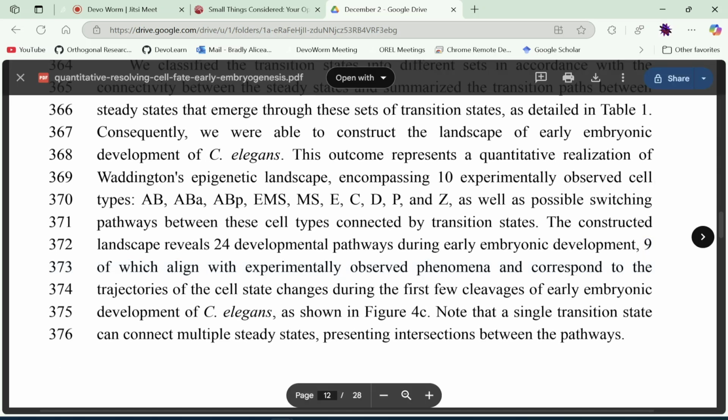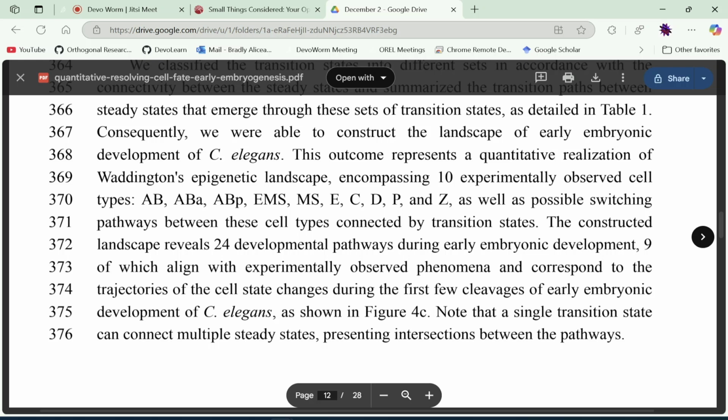So it's the 8 founder cells and then 2 additional cells, A, B, and Z, I think, are the 2 additional cells, in addition to the 8 founder cells. And looking at the possible switching pathways between cell types, which allow these to be connected by these transition states.